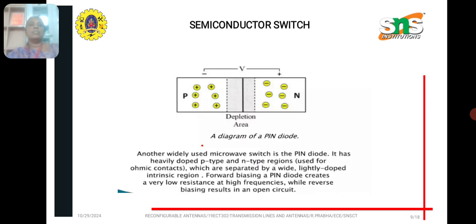Another widely used semiconductor switch is the PIN diode. It has heavily doped P and N type regions, separated by a highly doped intrinsic region. Forward biasing a PIN diode creates a very low resistance at high frequencies, while reverse biasing results in an open circuit.